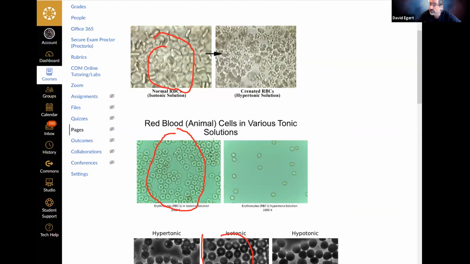When you see a red blood cell, it always has this dimpled look because it's round, but then the nucleus is ejected, so the sides suck in like that. So these are happy red blood cells. These are what you'd find in an isotonic solution. So make sure you think about isotonic happy, they look like this.